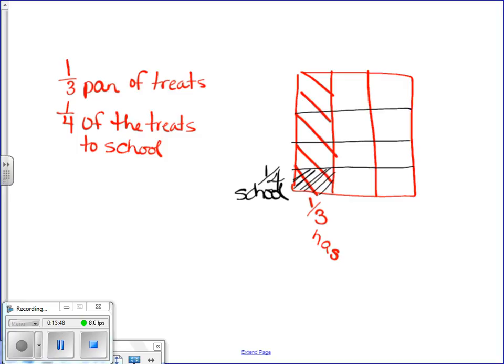This is just how the math works. I prefer the math. But do you need to know how to do the rectangular model? Yes. You do, because it will help you with the word problems, because some of the word problems are tricky.